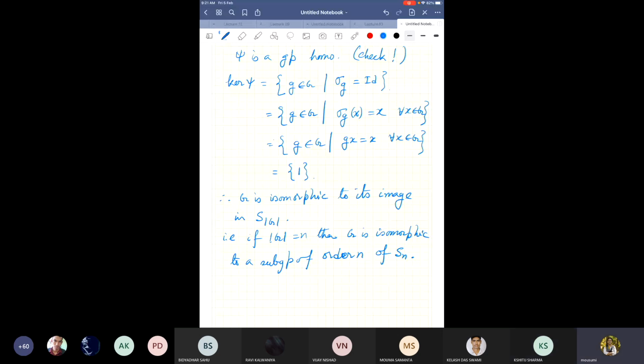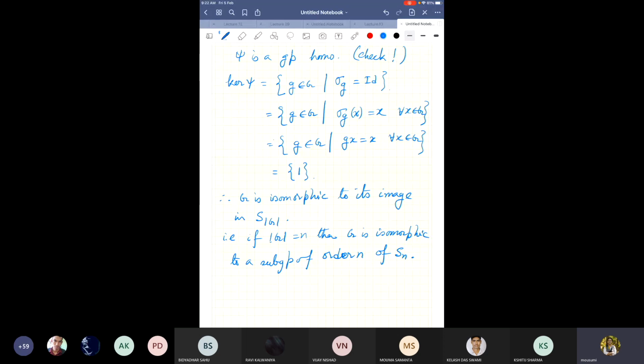Yes, ma'am. Okay, fine. Next, I will consider the group action by conjugation. Basically, once we have learned group action, we take different types of group action and prove theorems.